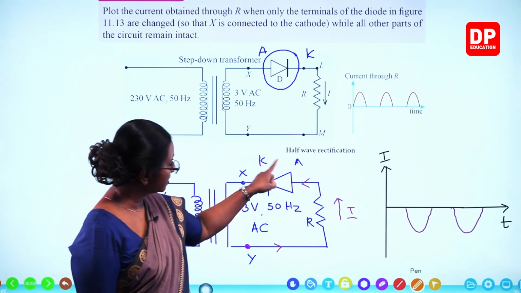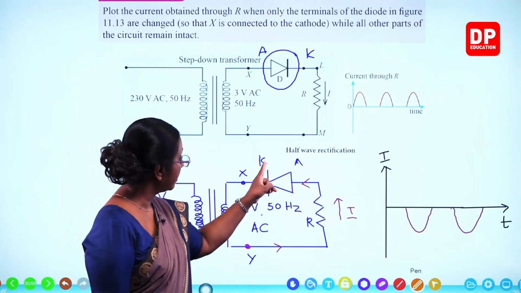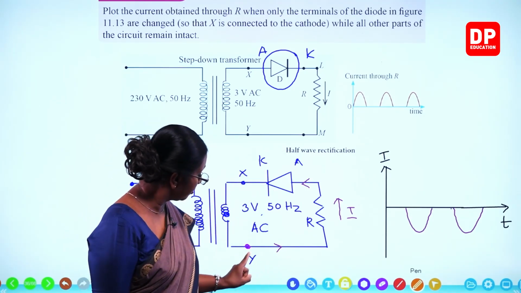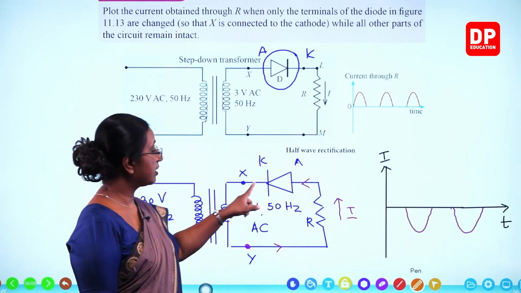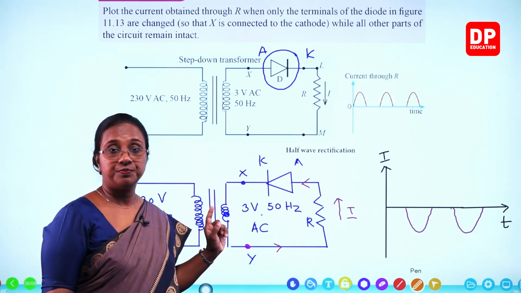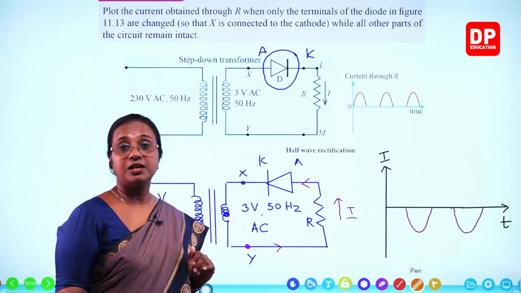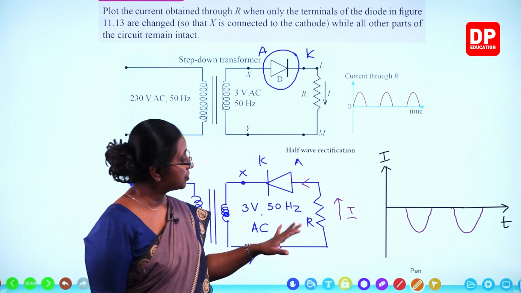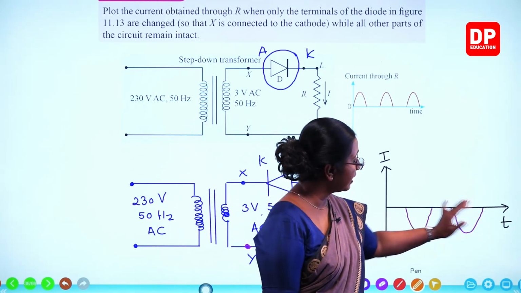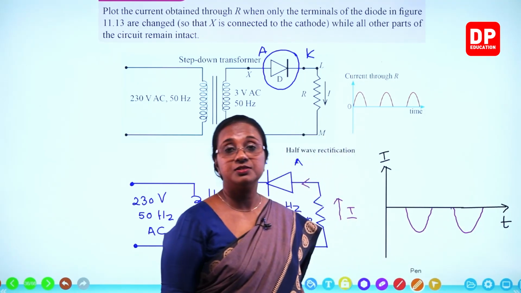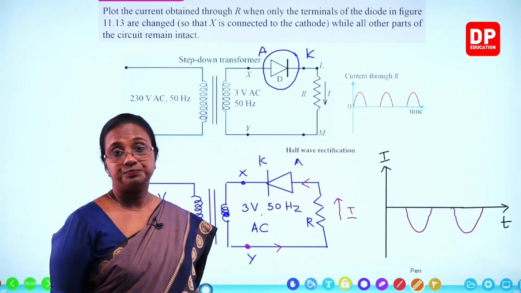So you get only the positive half cycles. But when we change the direction of the diode, where the cathode is connected to X, current flows in through Y, therefore current flows this way. When the current comes through X, the diode does not allow the current to flow. So you will get a graph like this, where you have only the negative half cycles of the current.